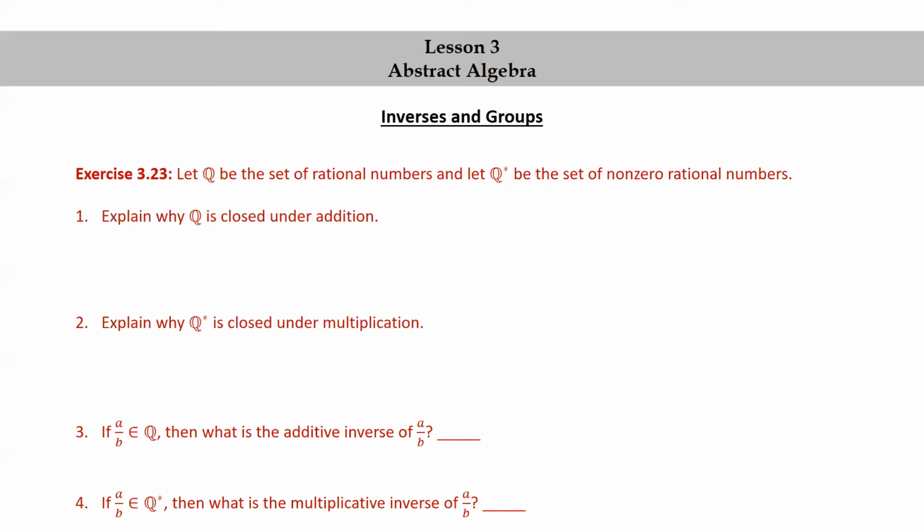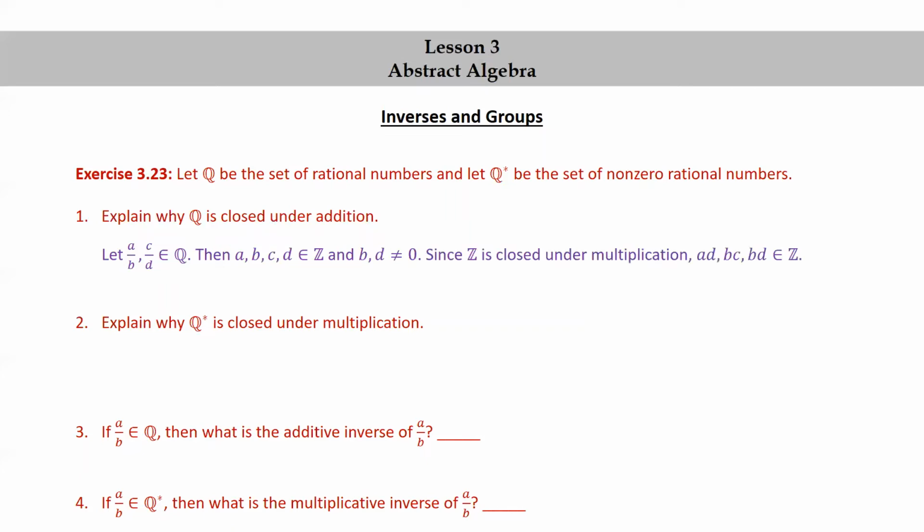Explain why Q is closed under addition. Let A over B and C over D be in Q. Then that means that A, B, C, and D are in Z, the set of integers, and B and D are non-zero. Since the set of integers is closed under multiplication, AD, BC, and BD are all integers.